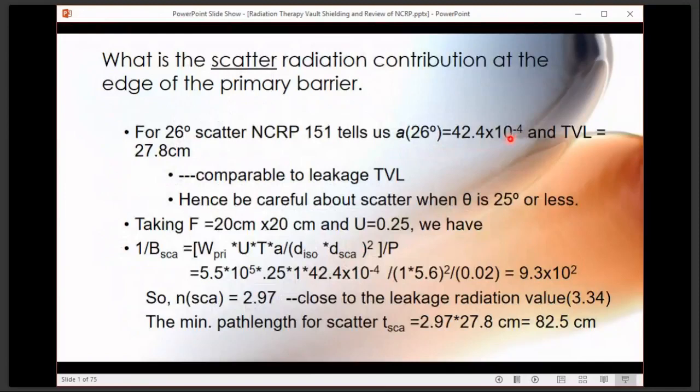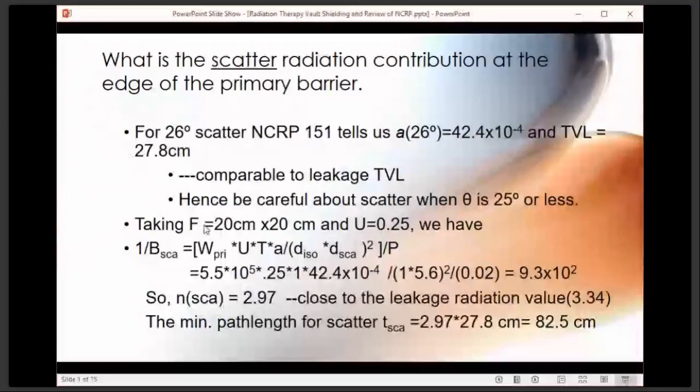And the TVL for this is 27.8, which is pretty high. It's comparable to leakage radiation. And most of the time, your scatter fraction is more like 10 or lower times 10 to the minus 4. So it's a higher fraction scattered in that direction and a higher quality.